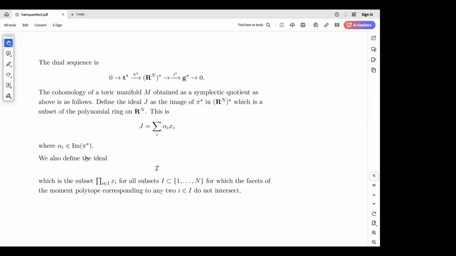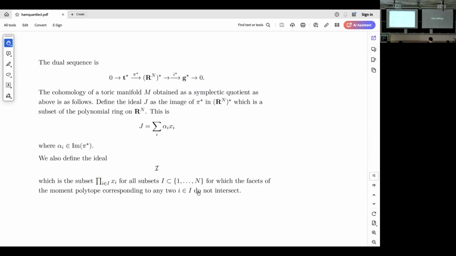We will also later have the ideal script I, which is the subset of products of generators xi. The i are again indexed by this indexing set, but we're requiring that for all subsets capital I for which the facets of the moment polytope corresponding to any two of the i in capital I do not intersect.